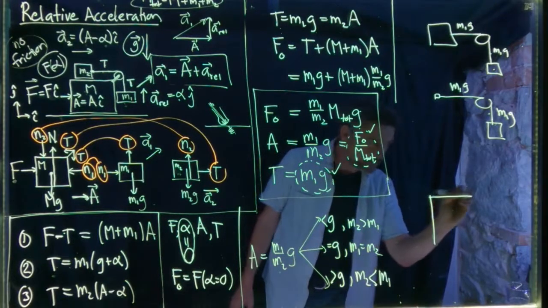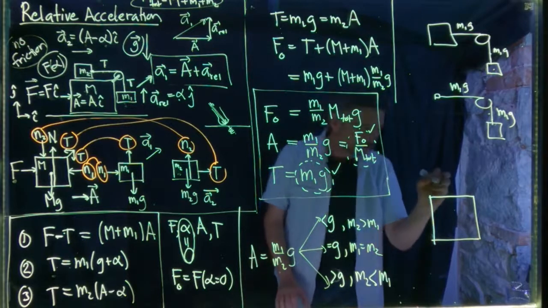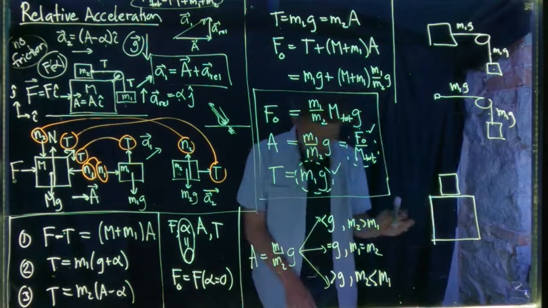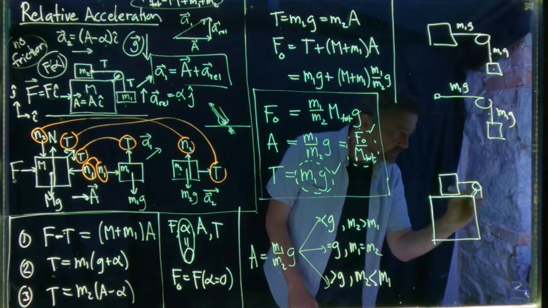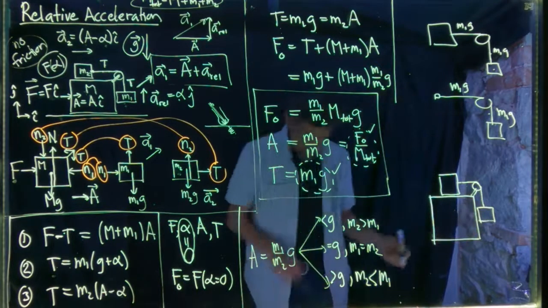So here is big M. And here is m2 stuck on top of big M. And it's connected with this pulley over here. Like this. Okay, so that's our picture.